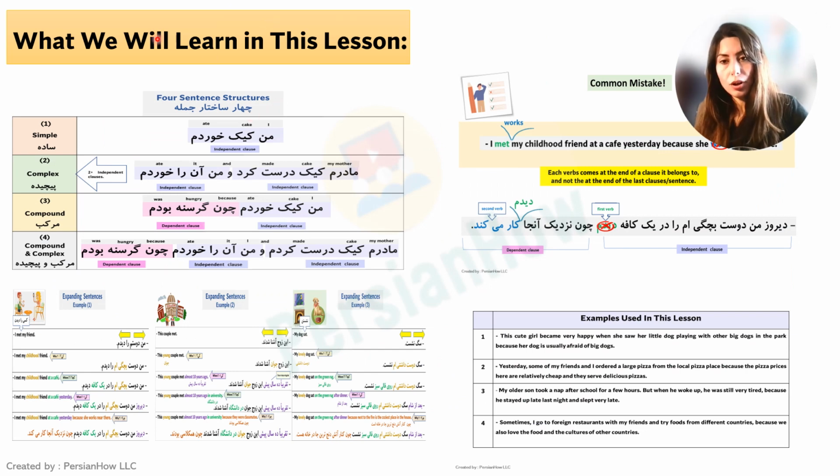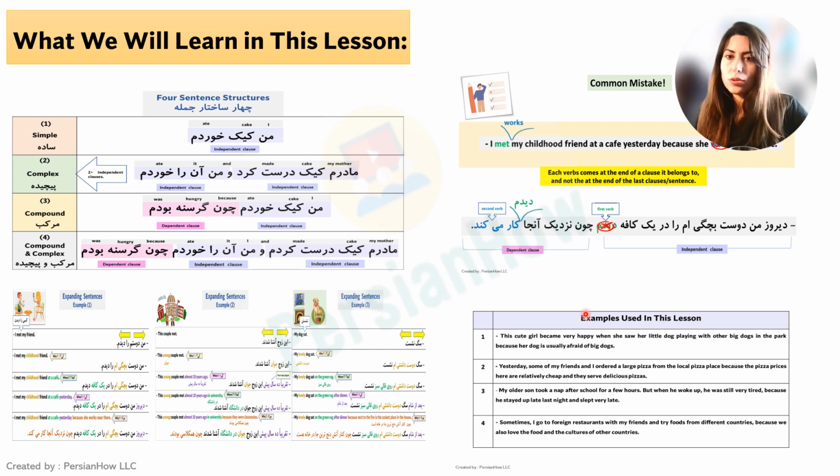What are we going to learn in this lesson? First we are going to go over the 4 sentence structures that you need to know, and then we are going to learn how to expand our sentences, and we will take a look at 3 examples. Then there's an important point you need to know about a common mistake that learners usually make when it comes to expanding sentences.